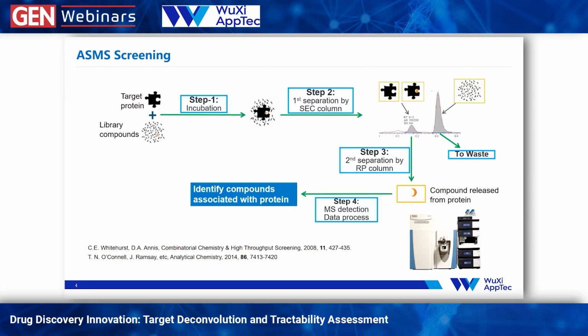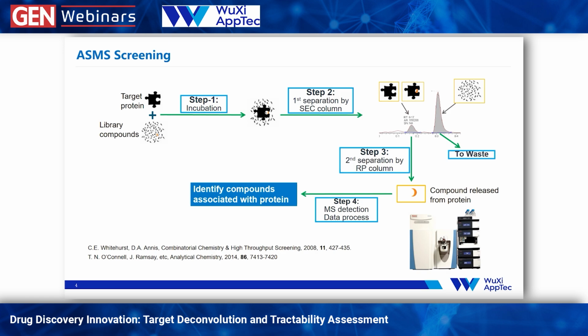The first technique I would like to discuss is the affinity selection mass spectrometer technique, ASMS technique. ASMS is a high-throughput drug screening technique. First, the compounds are incubated with the target protein. Then a separation step is performed. Then the non-binders are washed away while the binders are retained and identified subsequently by high-resolution mass spectrometers.